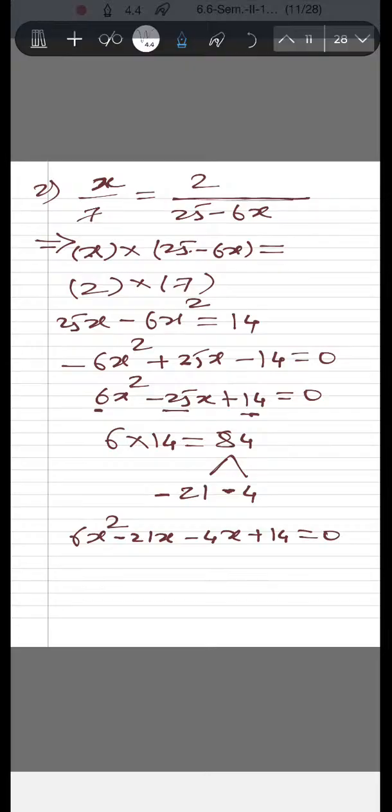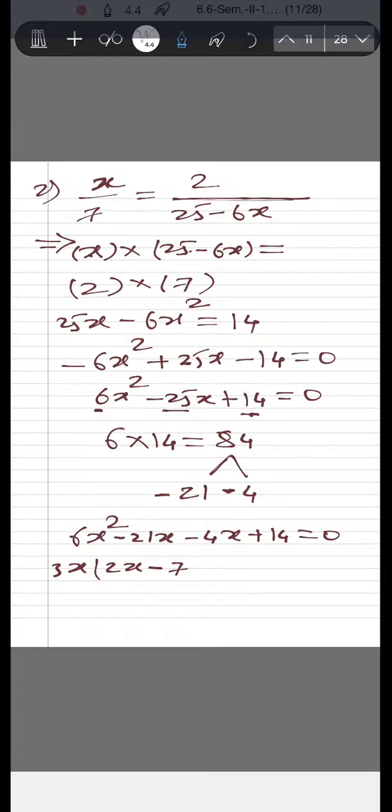Which term here can I take common? Simply 3x. So 3 times 6x gives 2x minus 7.